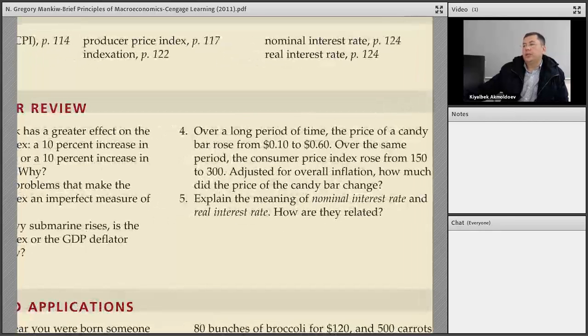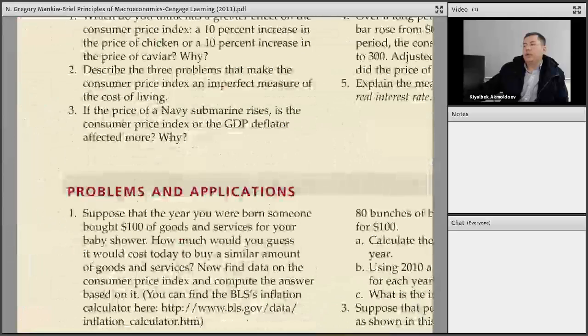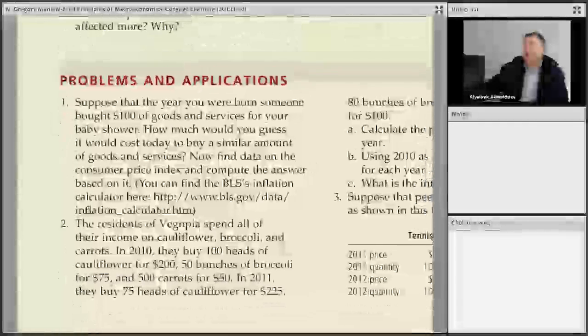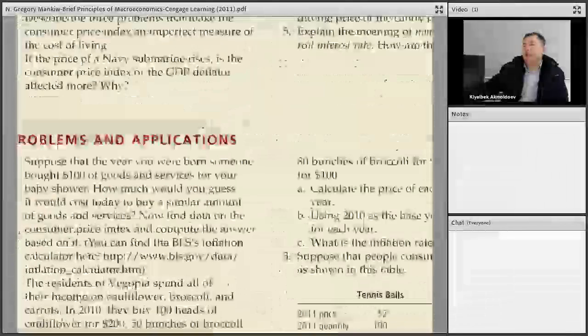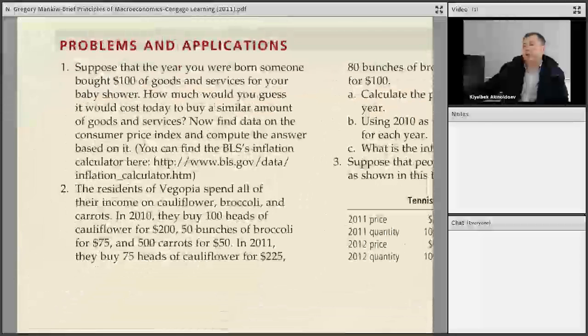We know the nominal interest rate is the interest rate that banks say, and the real interest rate equals the nominal interest rate minus inflation. Yes, inflation.